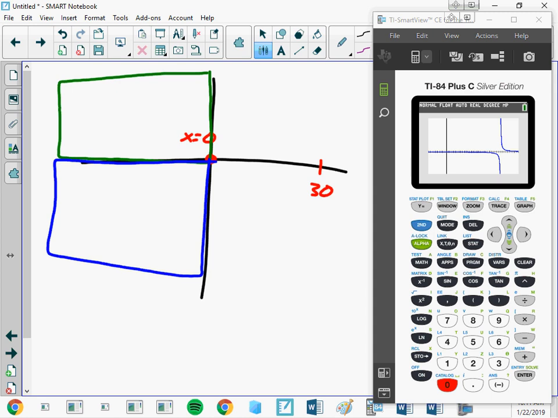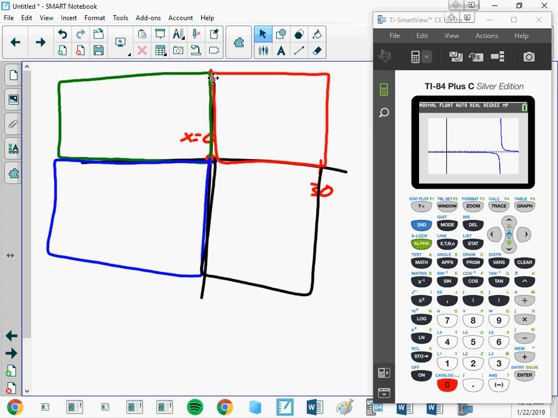Because in order to switch from blue to green, I have to hit the x-axis somewhere. Or the other way to switch sides is to have some sort of domain restriction, a hole or a vertical asymptote. Okay? Also, I need to look at this section and this section. And I need to look at this section and this section.